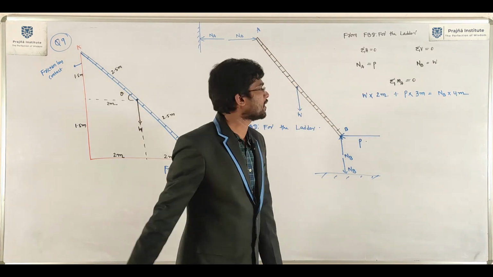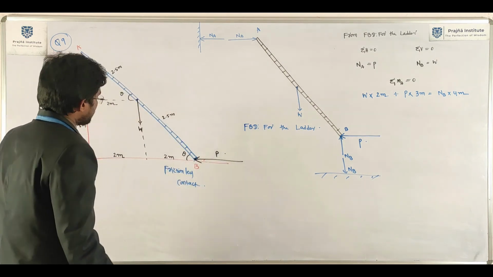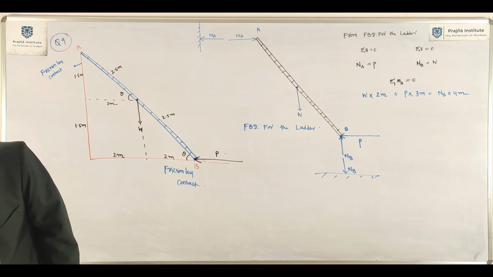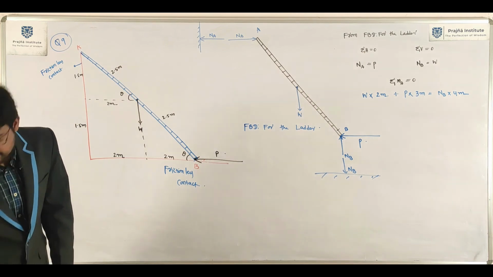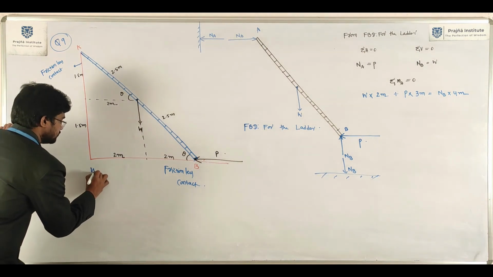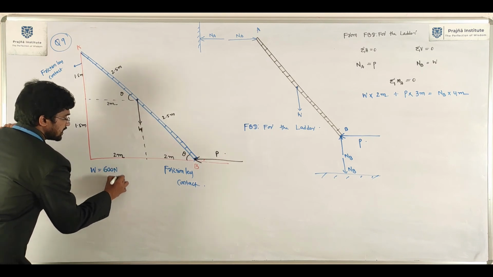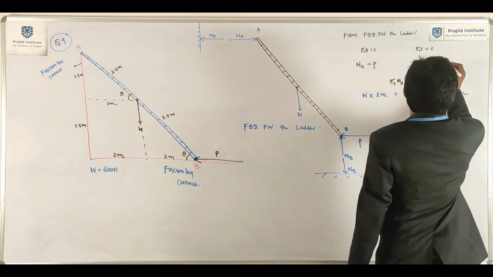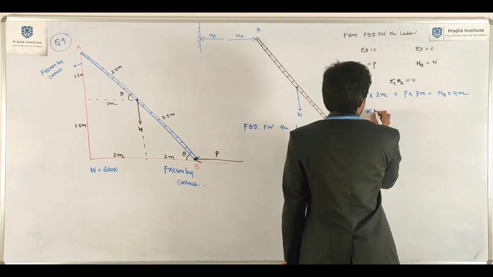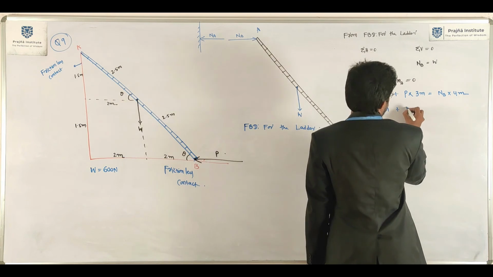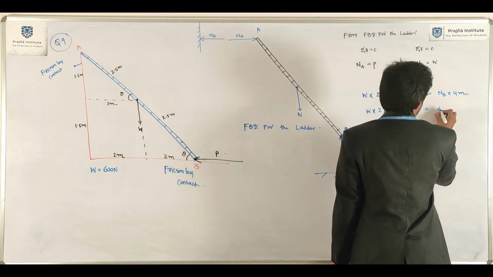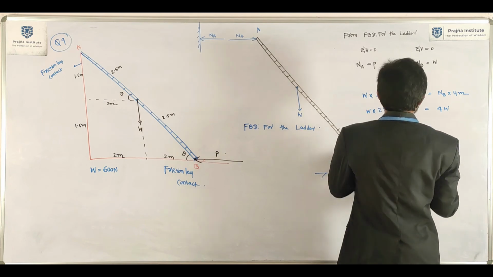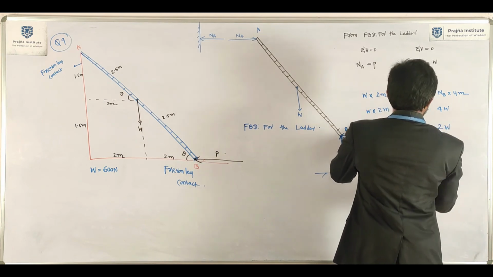Okay? So what is W here? How much is given? W is nothing but 600 Newton. Here W equal to 600 Newton is given. So NB equal to W. W into 2 meters plus 3P equals 4W. 3P equal to 2W.